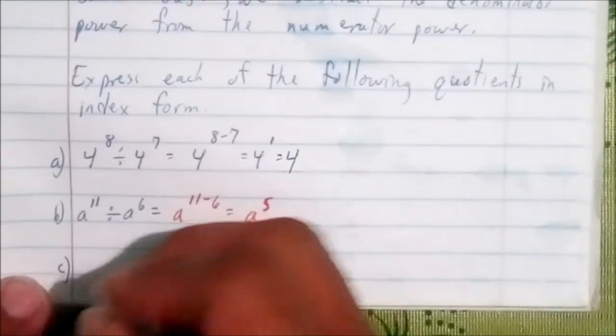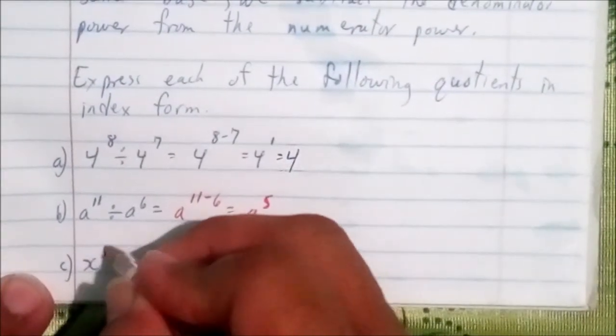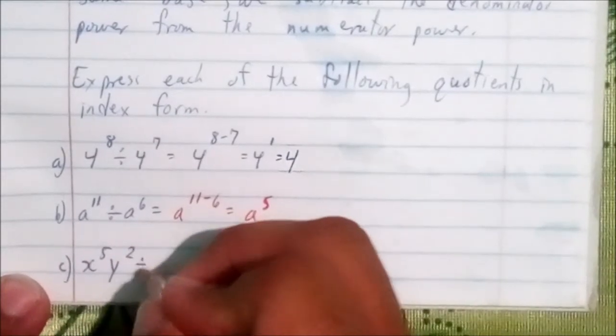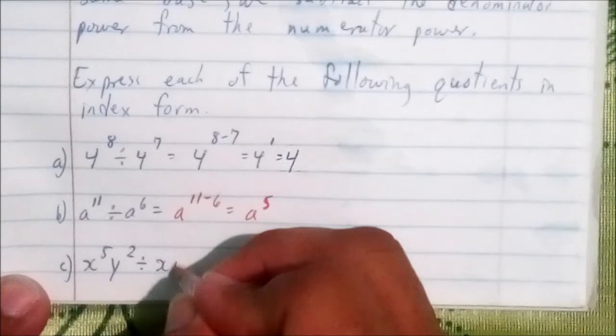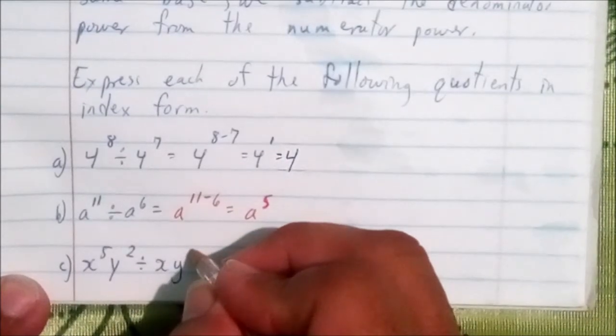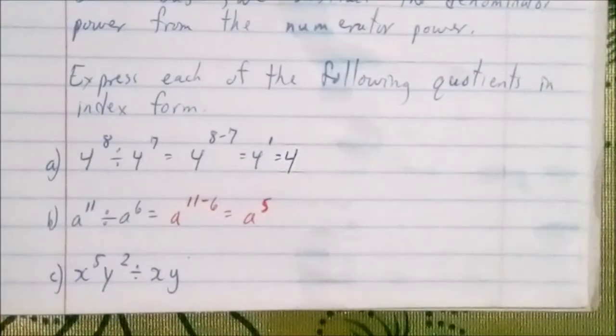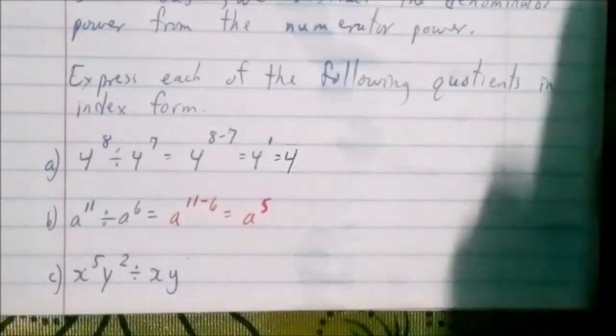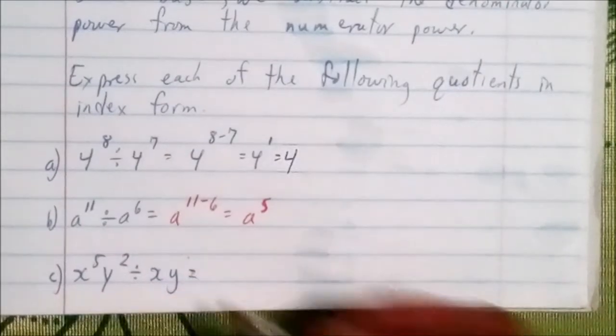C, x to the 5th, y to the 2nd divided by x, y to the 1st. Now, since you see a letter by itself, that means to the 1st power. That should be understood.